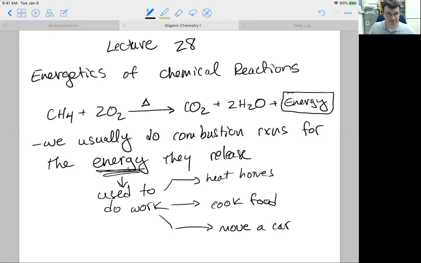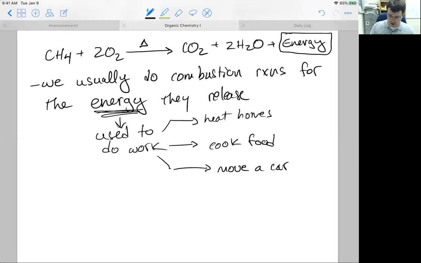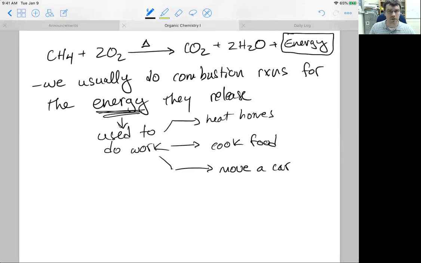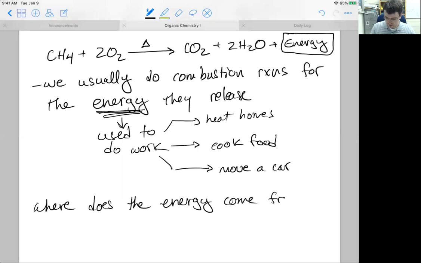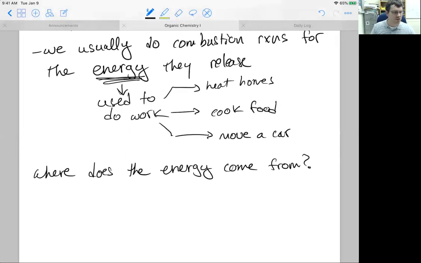Okay, so this energy is produced from a combustion reaction, and that's definitely the most important part in terms of being pragmatic, in terms of what we actually can do with this chemical reaction. But where does the energy come from? In a combustion reaction, where does it start from?